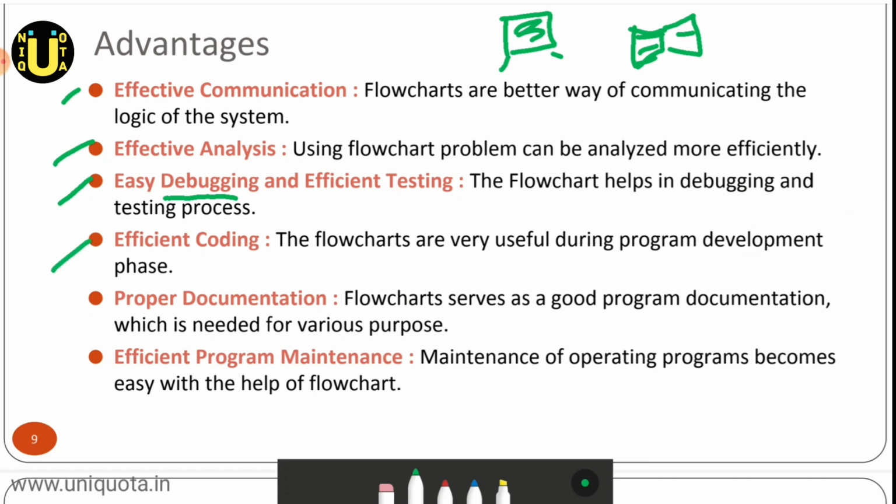Next, efficient coding. Flowcharts are very useful during the program development phase. If you create a flowchart while coding, it will give you a graphical representation so that you can analyze it through your eyes, and that will help you code in a better way. Next, proper documentation. Flowchart serves as good program documentation, which is needed for various purposes. Documentation will be helpful for efficient testing, debugging, and for new users who are using your program.